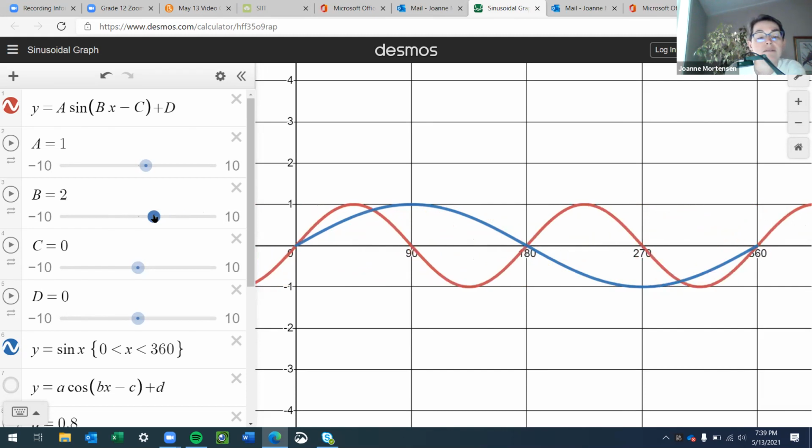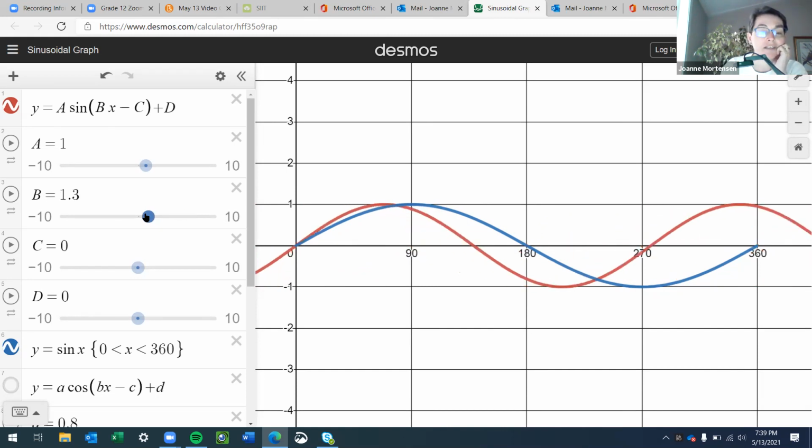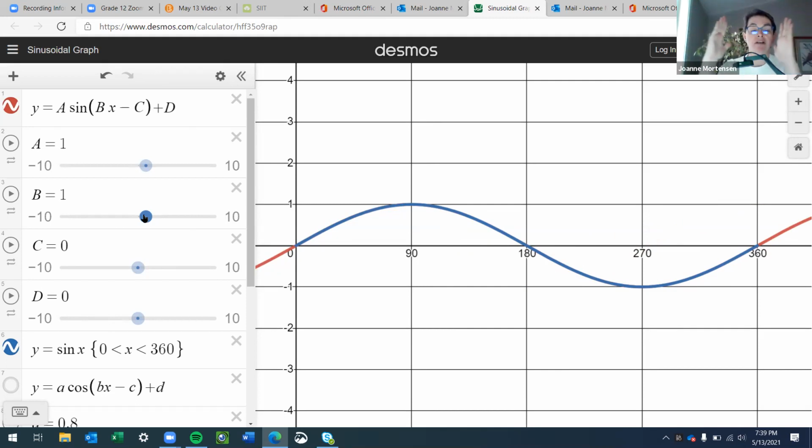So let's make a conjecture. We haven't done that for a long time. I'm going to go to 1, and it'll match pretty. What happens when I go less than 1? So as it got bigger, my graph got squishy.